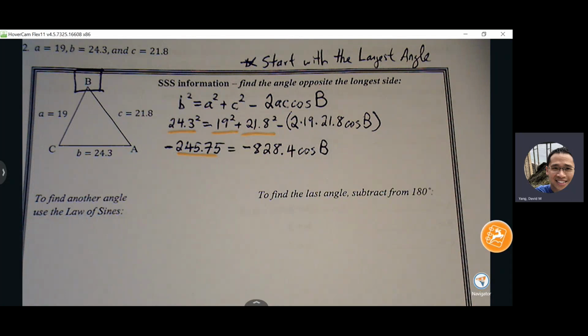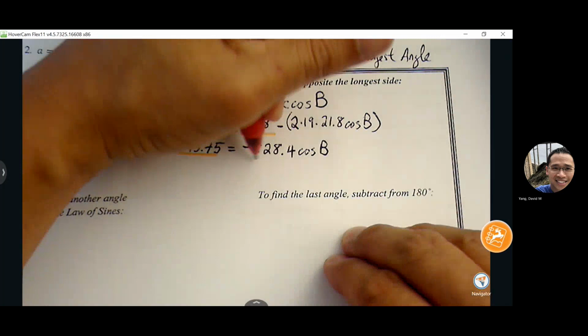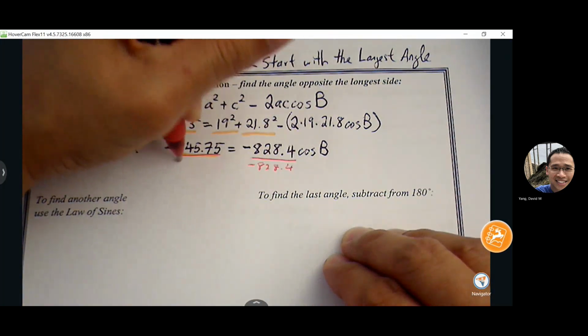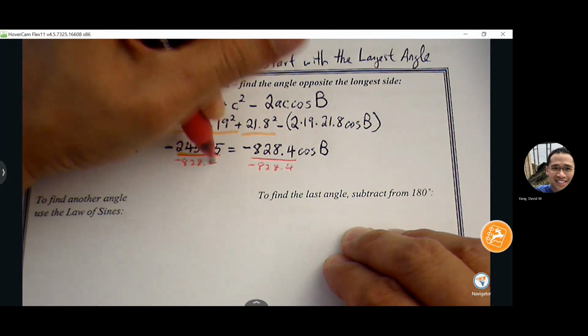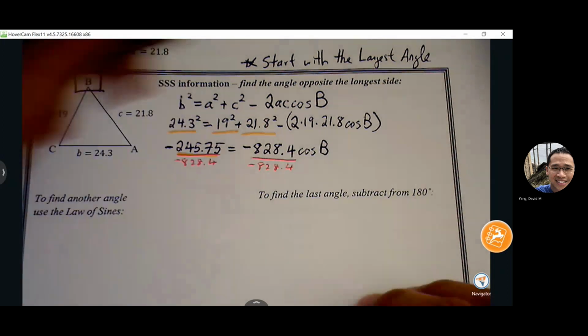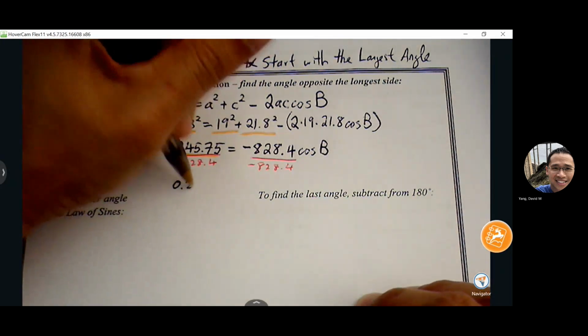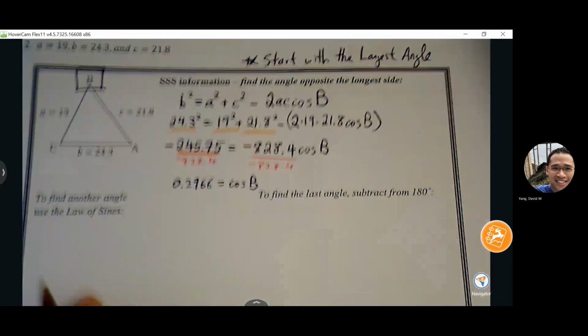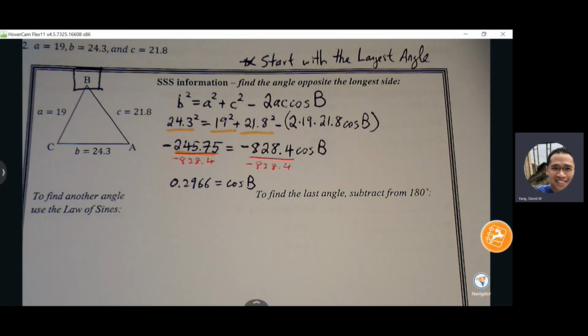Okay, divide both sides by negative 828. And now I want to solve for angle B, so do inverse cosine.